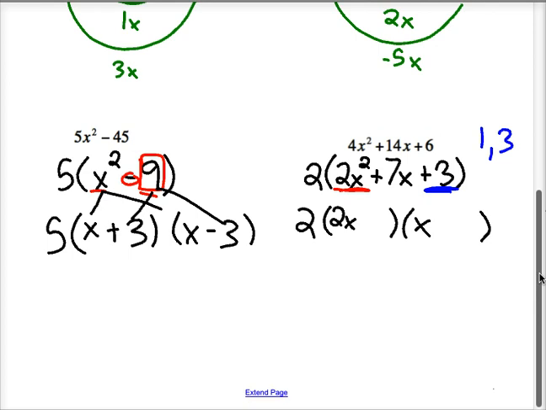We just have to make sure we put it in the right way. So let's plop it in as is and see if my combinations work. This gives me a 1x, that gives me a 6x. Those do add to the 7x that I'm shooting for. So that does mean I am done with that problem.